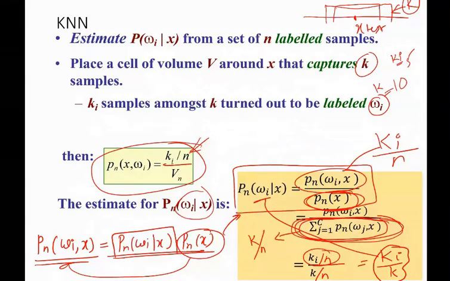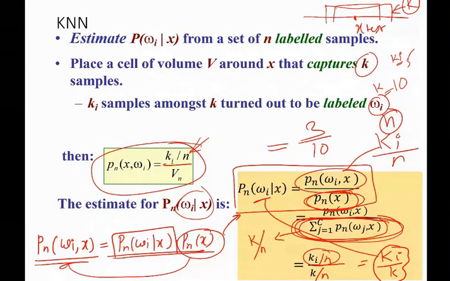So if I do Ki by K, it gives me the posterior directly. The meaning is that when you capture, say, K equal to 10 samples, and out of that suppose 3 belong to omega 1, then 3 by 10. Remember, N is not relevant now.